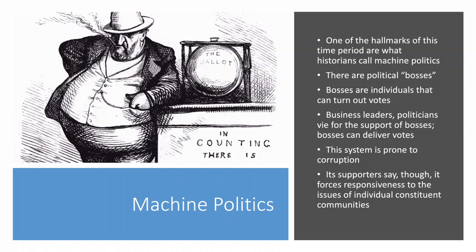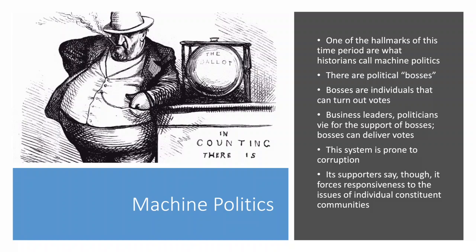So this system was prone to all sorts of corruption. And you can read books on the corruption. You can see political cartoons like the one I have here that are demonstrating the corruption that this system is prone to delivering. That said, there are people, even to this day, that are supporters of this system.